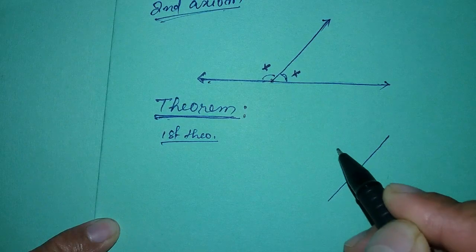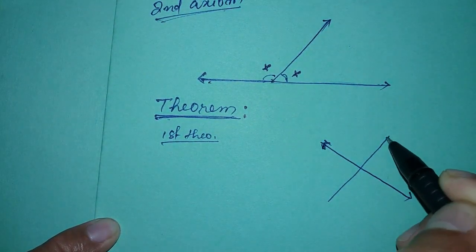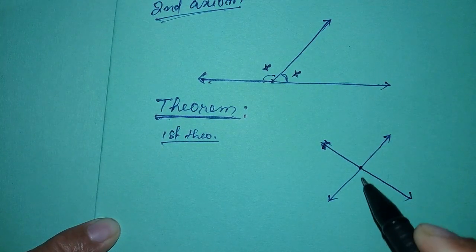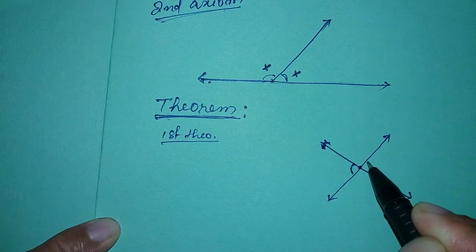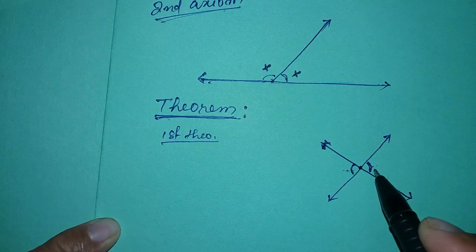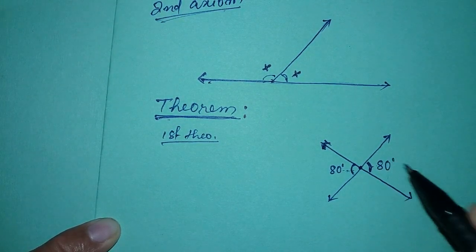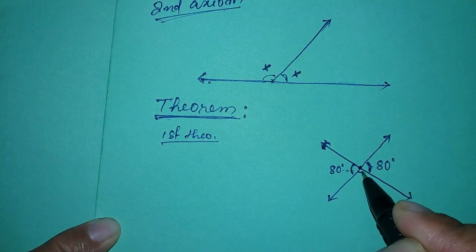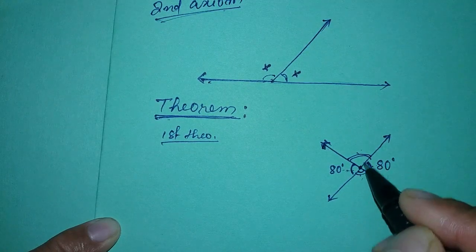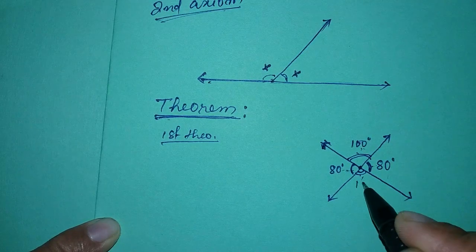Let's say these two lines intersect at this point, then this angle and this angle are known as vertically opposite angles, and these two are equal. For example, if this is 80 degrees, then this will also be 80 degrees. And this angle and this angle are also vertically opposite angles. If this is 100 degrees, then this will also be 100 degrees.